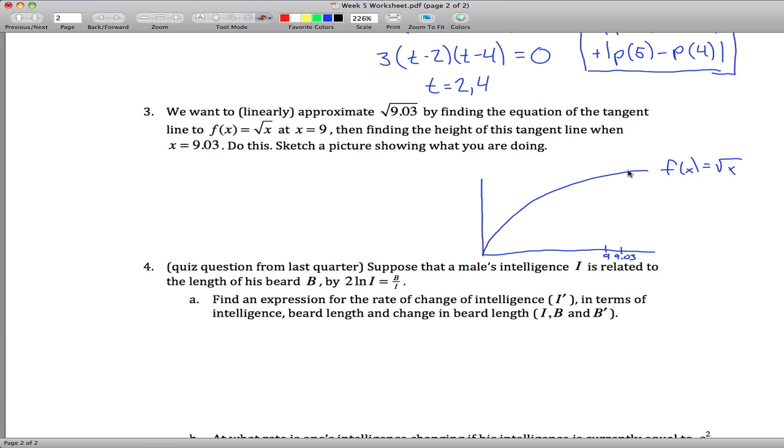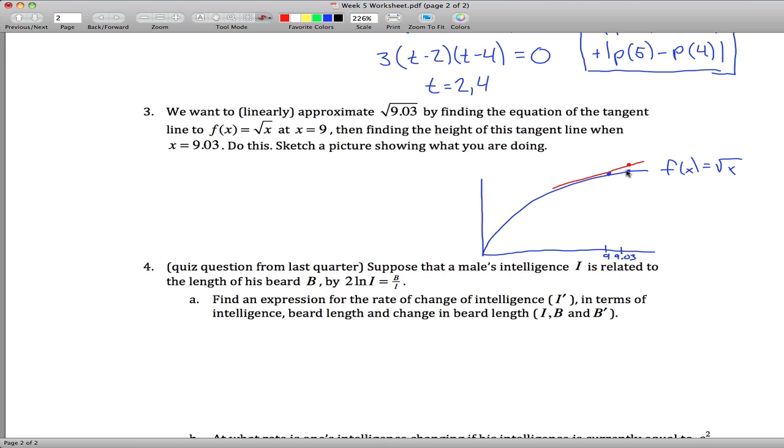And if we suppose for a second that we can't figure out this point right here, but we do know this point right here, what we can do is first figure out the equation of the tangent line at the point we know, the equation of the tangent line at 9. And then to estimate this height, instead of taking the actual height at 9.03, we'll take the height of the tangent line at 9.03. So this red dot will be our answer.